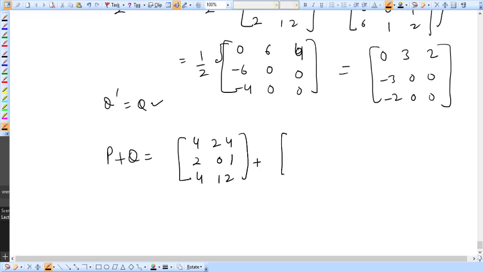Plus Q is 0 3 2, minus 3 0 0, minus 2 0 0.